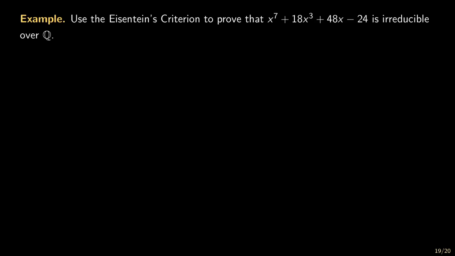As an example, how do you check the irreducibility of this? What we will do is look for a prime factor P for 18, 48, and 24. What do you think P is? Can I use 2? I cannot use 2, because P squared is 4, and it will divide 24.